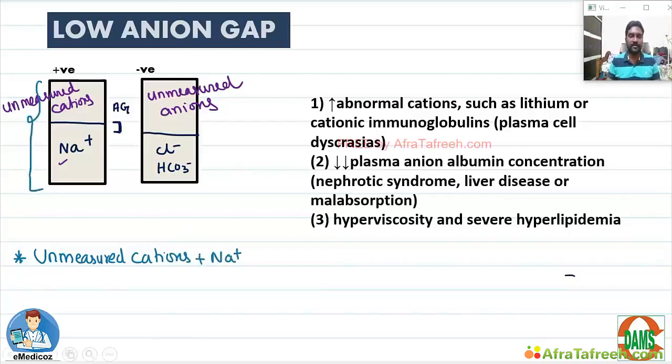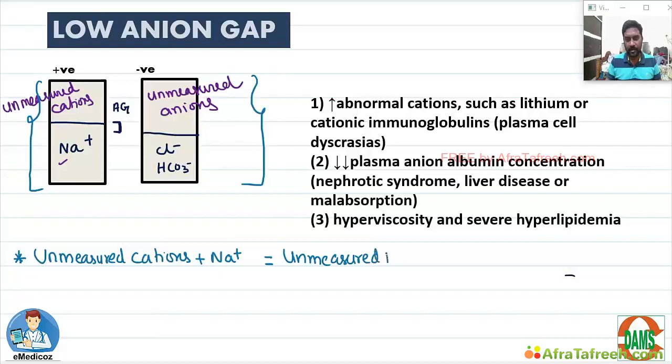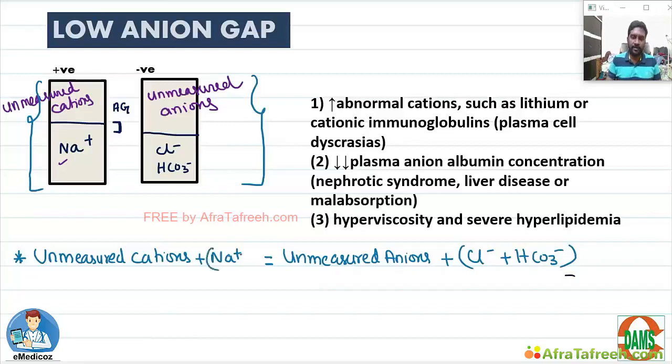Unmeasured and measured, generally sodium we take, will be equal to unmeasured anions plus chloride plus bicarbonate. So let me write this together. Whatever I put in brackets for ease of understanding, those are measured parts. Which I did not include in brackets, those will be unmeasured parts.